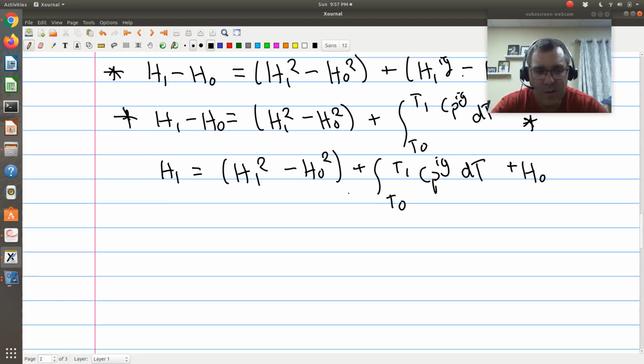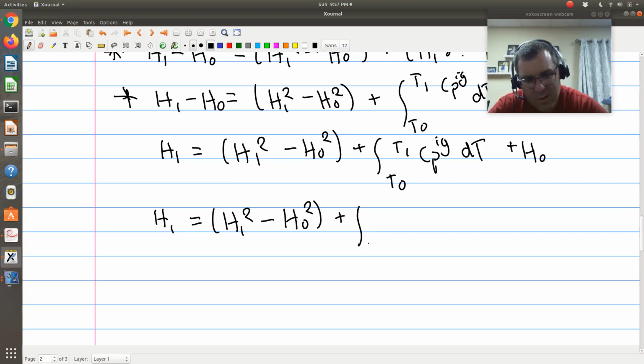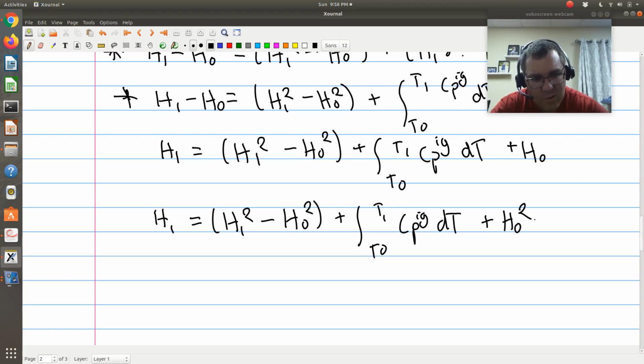The magic trick essentially is I'm going to take H naught here, and H naught can be written as the sum of residual and ideal gas terms. So I can rewrite this as H1 equal to H1 residual minus H naught residual plus the integral from T naught to T1 of Cp ideal gas dT, plus H naught residual plus H naught ideal gas.